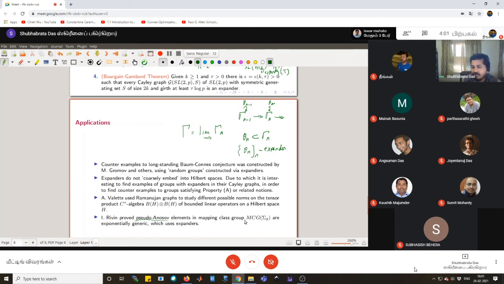So in all these things, I have seen expander graphs being used. I don't know the intrinsic graph theory aspects of expander graphs, the spectral graph theory aspects, much, but the applications I have seen, especially the first two, are very remarkable, and expander graphs play a very important role there. So yeah, that's how I see expander graphs.